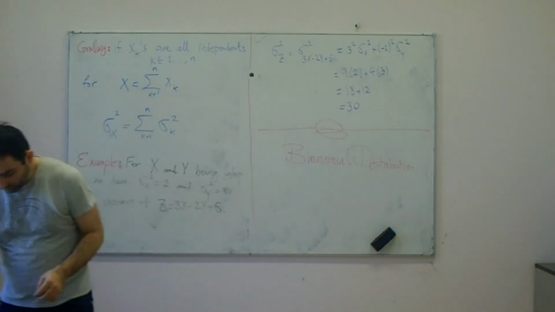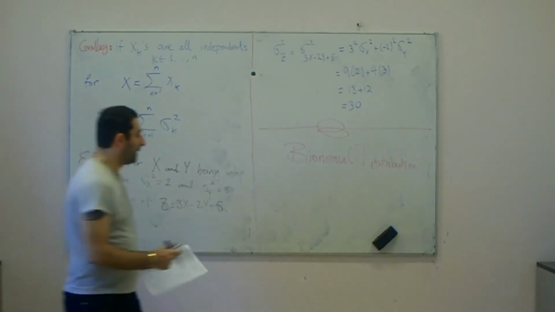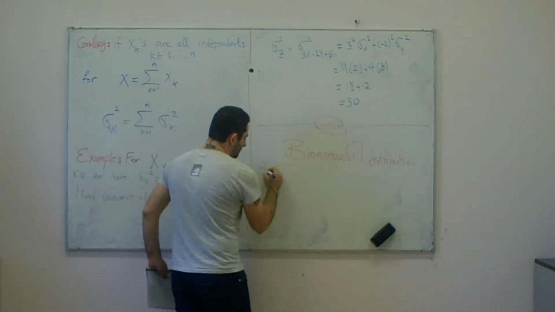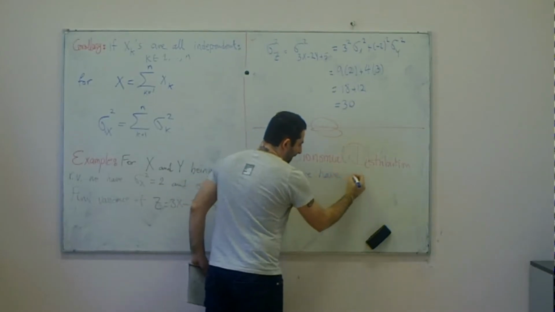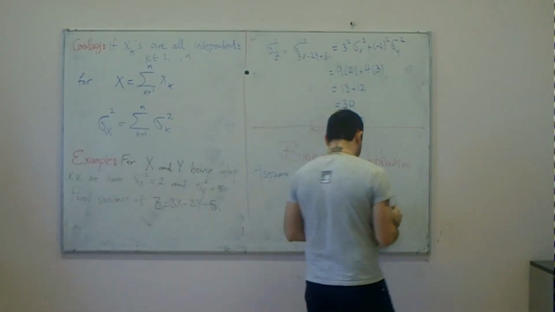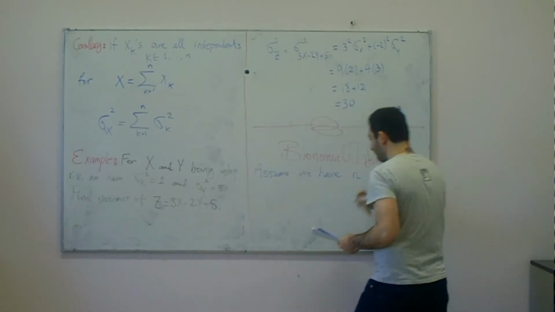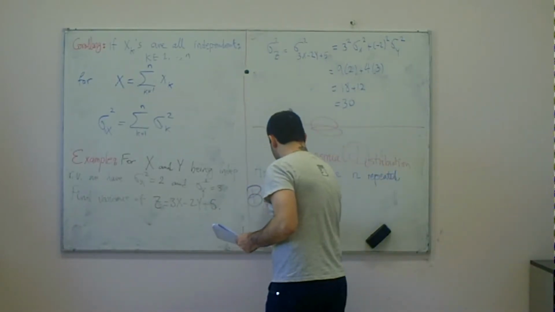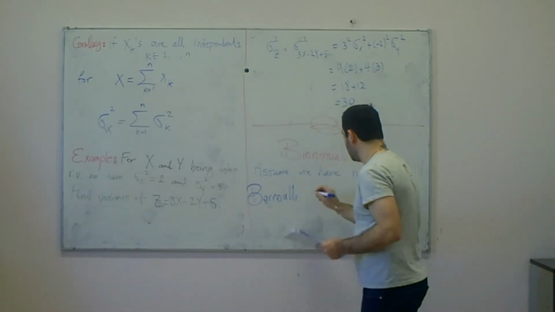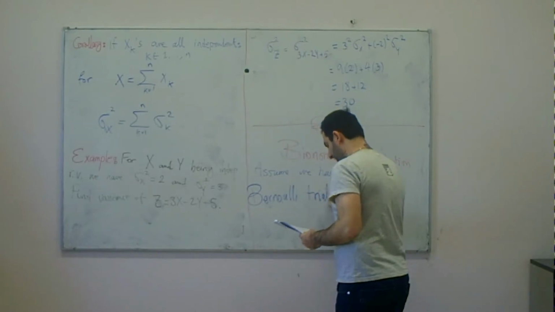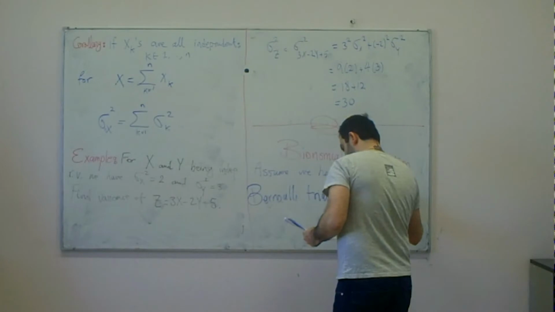So, assume we have n repeated Bernoulli or binomial trials, and they are x1 to xn.